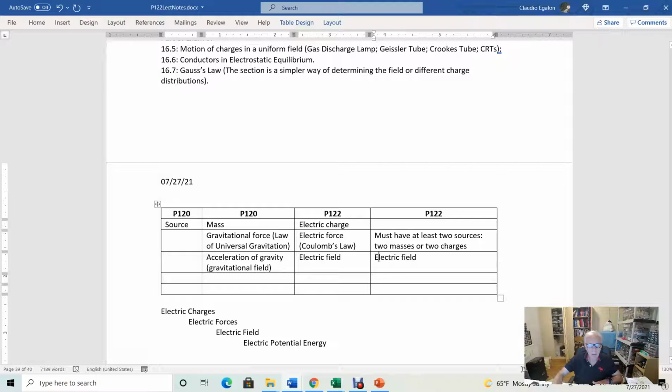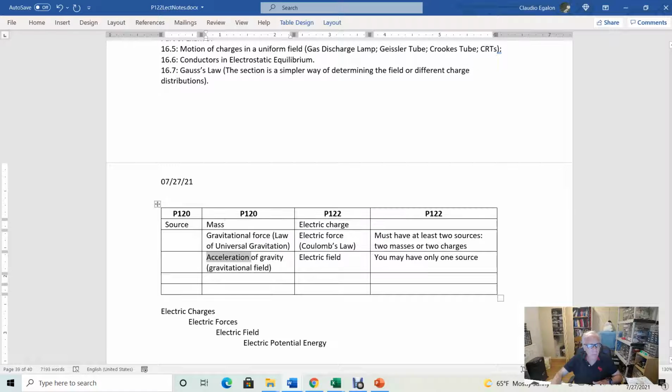What about here? For the electric field, you may have only one source. Make sense? For the field itself, you may have only one source. And that's exactly what the acceleration of gravity here on Earth is all about.